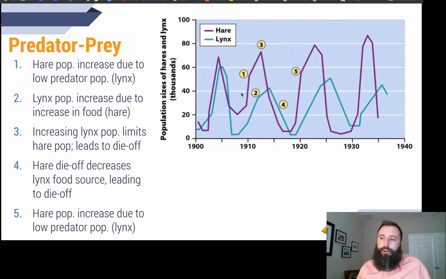Notice that there was an increase in the prey population first, and then an increase in the predator population second, followed by a crash, and then a second crash. And they kind of oscillate around these two extremes until some other thing can stop it.